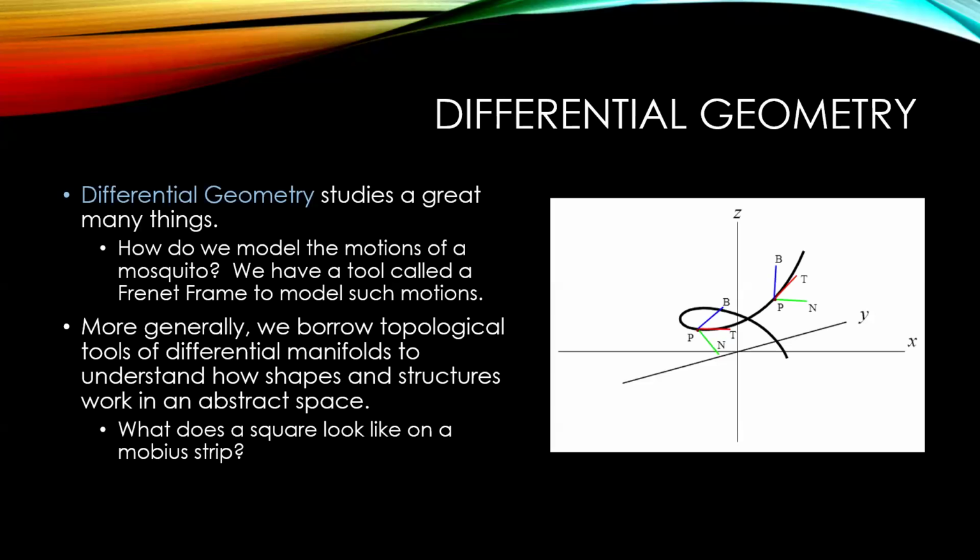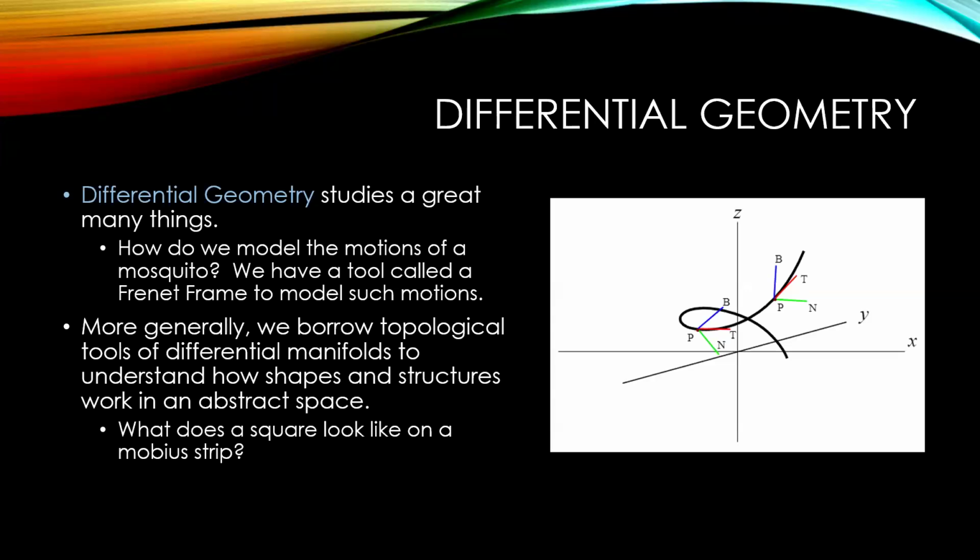Another one is differential geometry. Differential geometry studies a great many things. How do we model the motions of a mosquito? We have a tool called a Fermat frame to model such motions. We can see the Fermat frame here, and it shows us how we can model something moving in 3 dimensions. More generally, we borrow topological tools of differential manifolds to understand how shapes and structures work in abstract spaces.